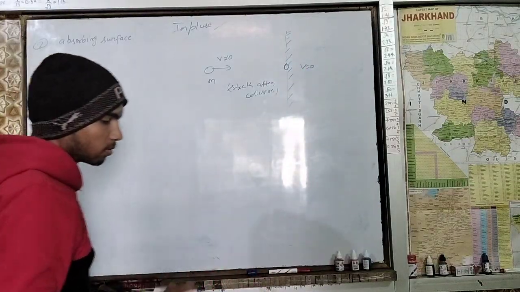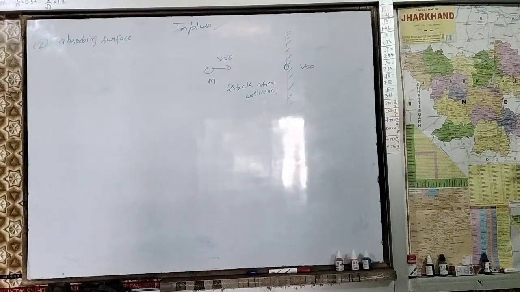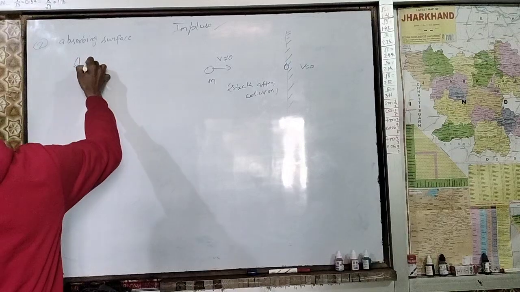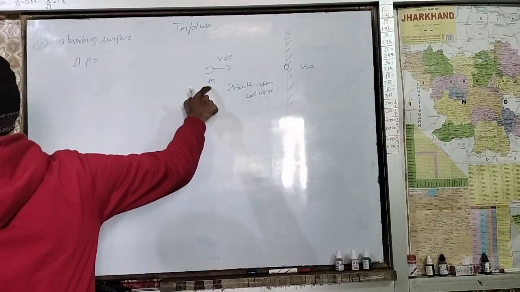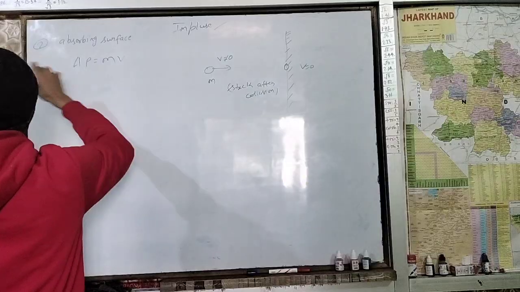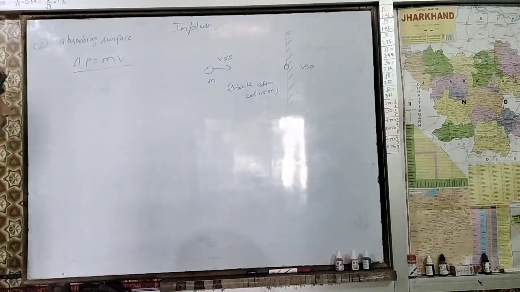For this case, what should the equation be? You would say delta p will be equal to first m, this m, and this v, this v. When we use this equation, we get the total change in momentum. Clear?